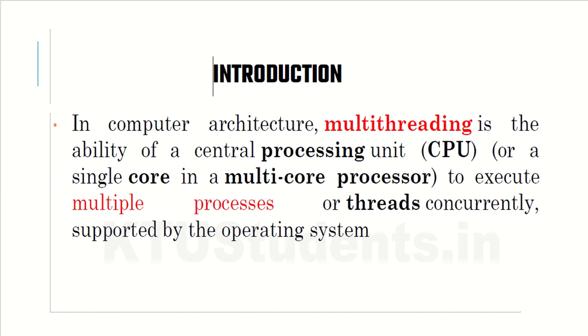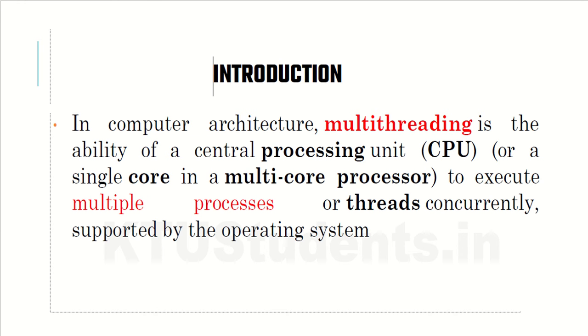It may be a single core processor or a multiple core processor, and the ability of the processor to execute multiple processes or tiny units of processes concurrently or at the same time is called multithreading.